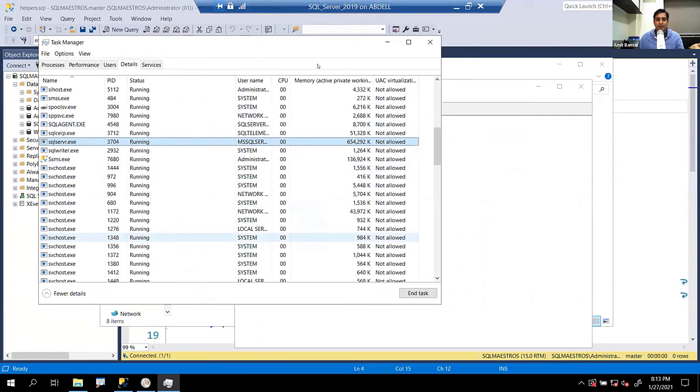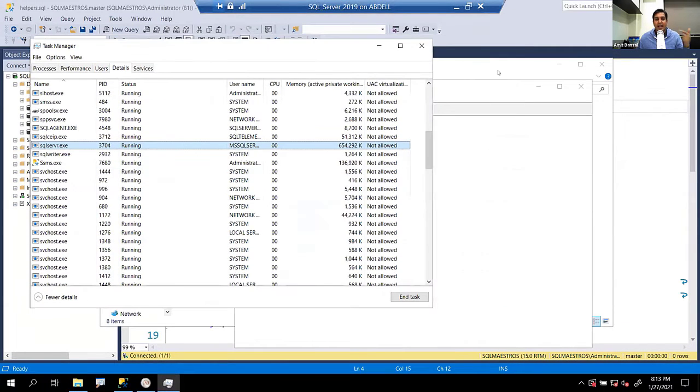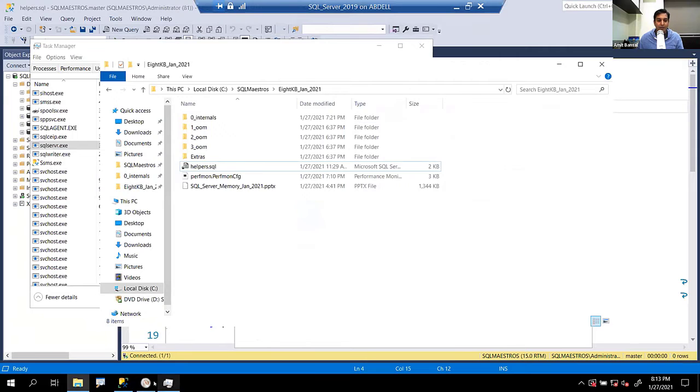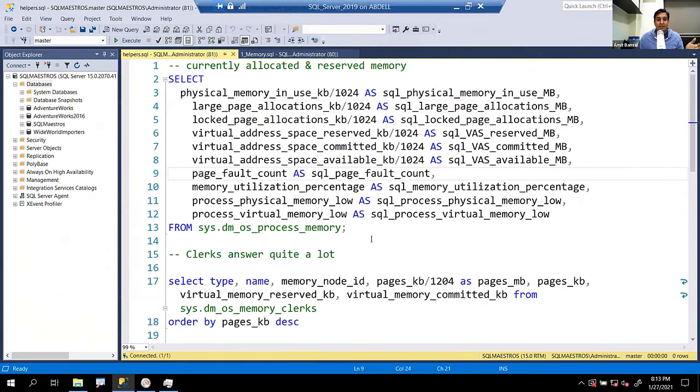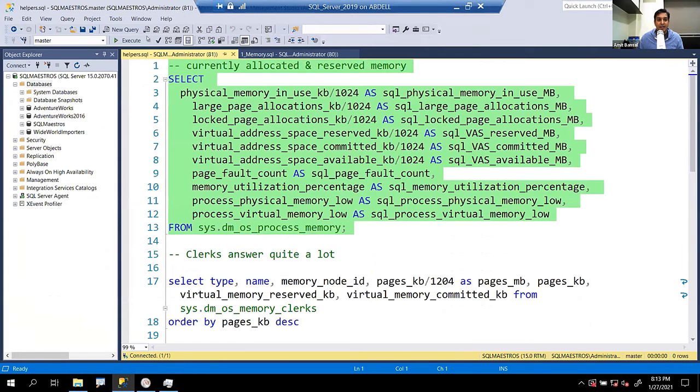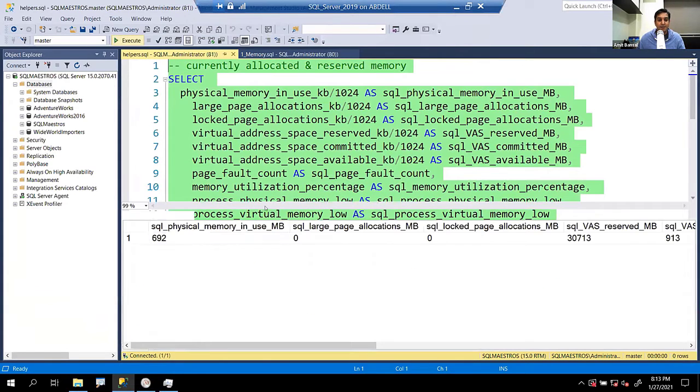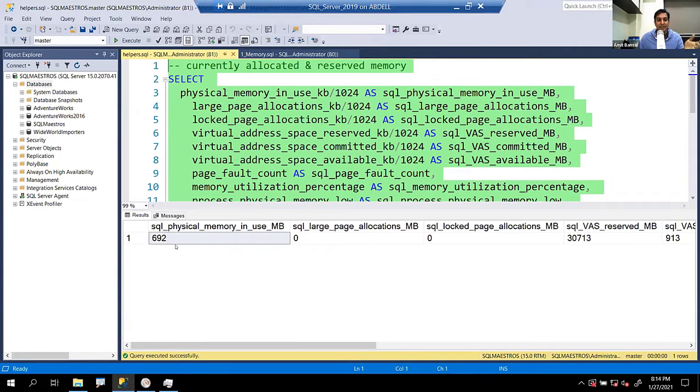Now, I have opened up the Task Manager here and the PerfMon counter. You can see the numbers up there, they're matching at 650. And if you look at my helpers.sql and execute dm_os_process_memory, you can see about 700 MB being used in the DMV.